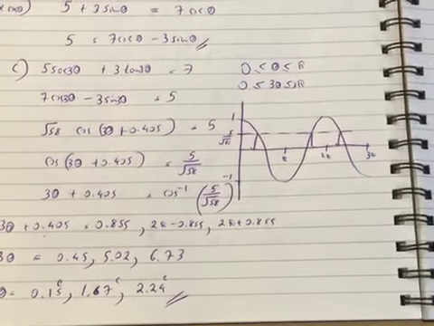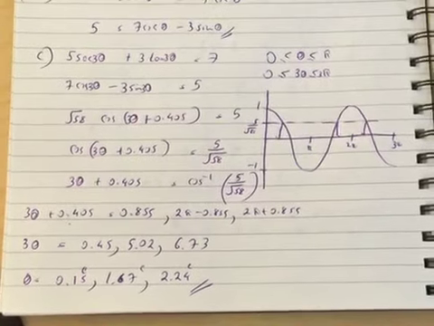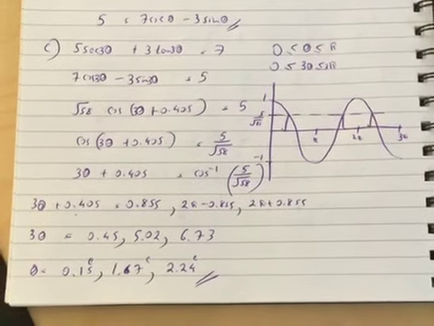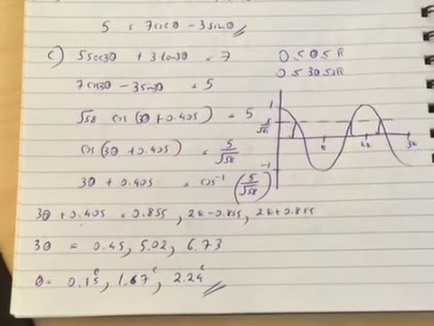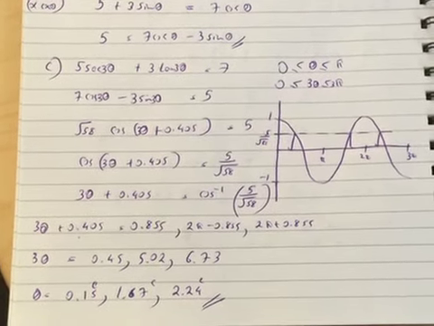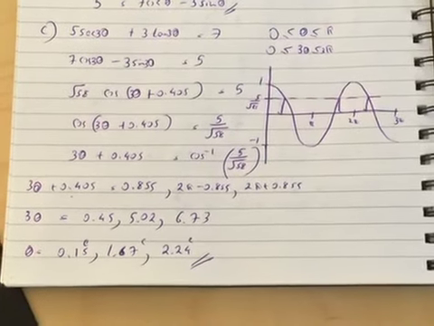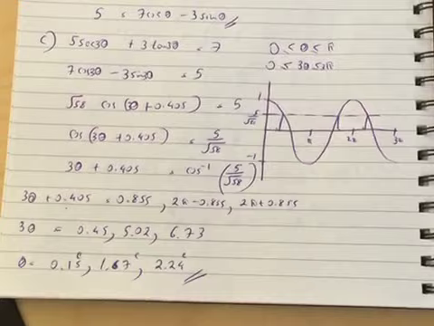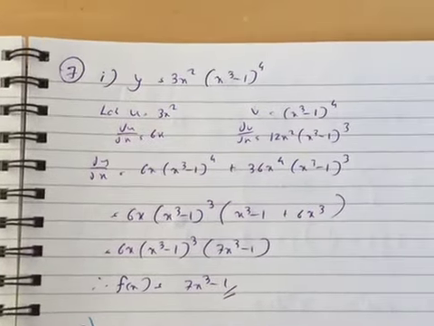I drew the cos graph up to 3 pi, and there are 3 intersections, as you see. So 3 theta plus 0.405 equals 0.855, or 2 pi minus 0.855, or 2 pi plus 0.855. So 3 theta equals those values, and if you divide those by 3, this is what you get.